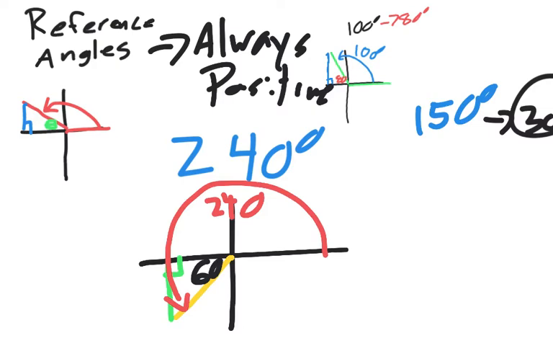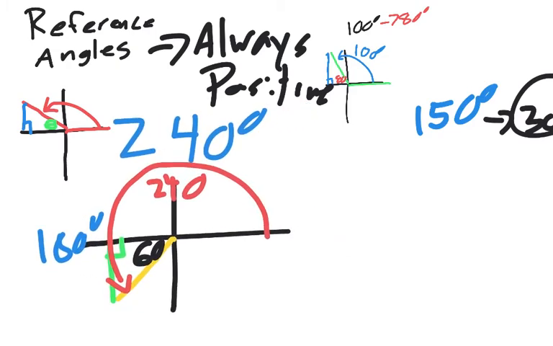And so I went 60 degrees more than 180. So you could just take 240 and subtract 180. We're either going to 180 or we're going to 360 or 0, depending on what quadrant I'm in, where it's going to go to.